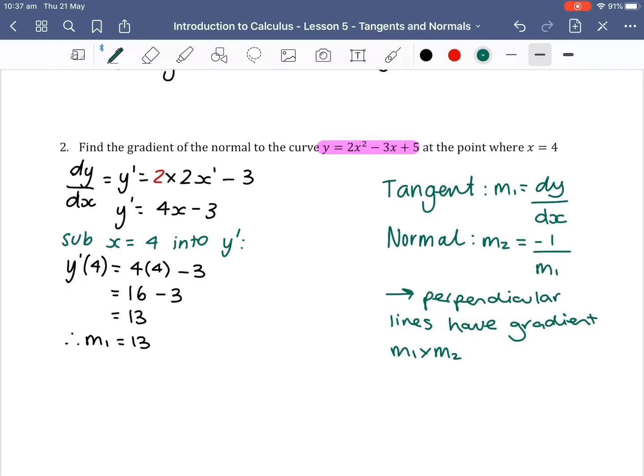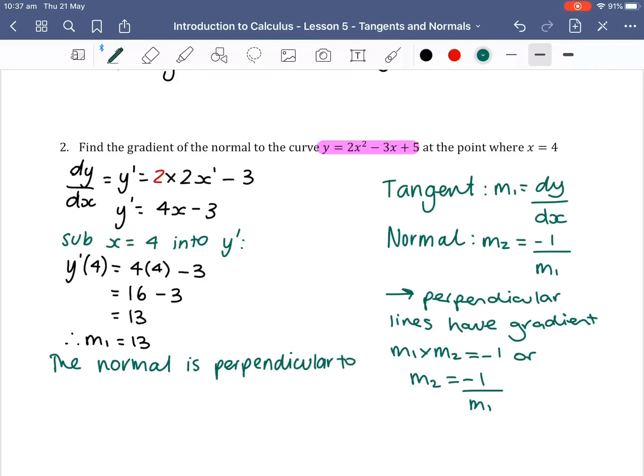And because our perpendicular gradients satisfy m1 times m2 equals minus 1, or m2 equals minus 1 divided by m1, the gradient of the normal, because the normal is perpendicular to the tangent, therefore m2 equals minus 1 on m1.